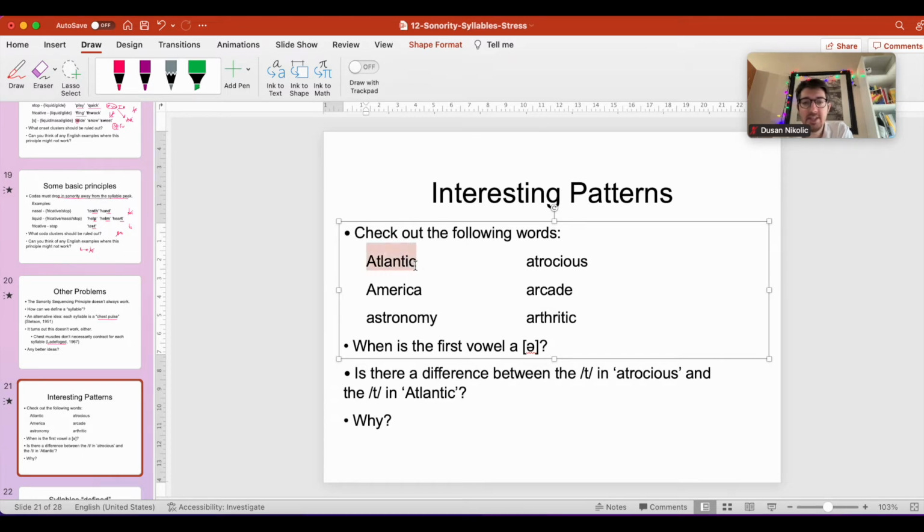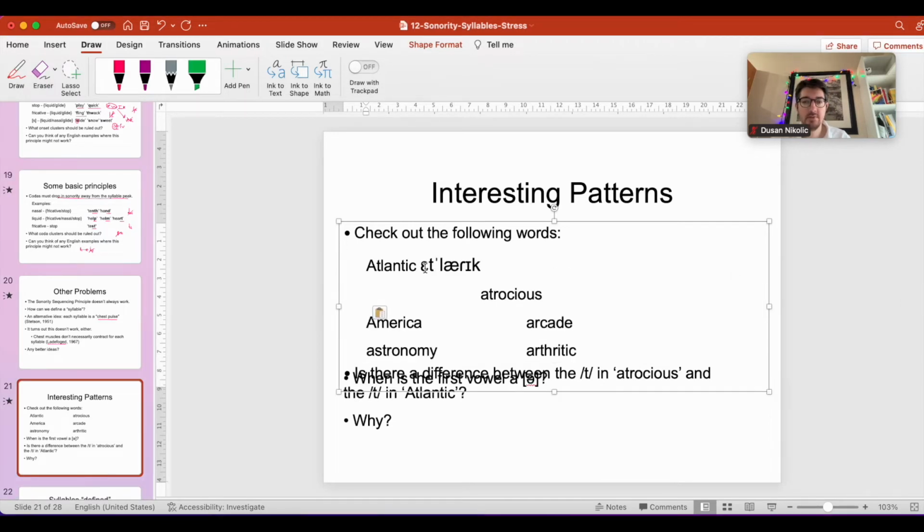What happens here, right? So we may want to bring up the IPA at this point. I'll just copy these, for example.